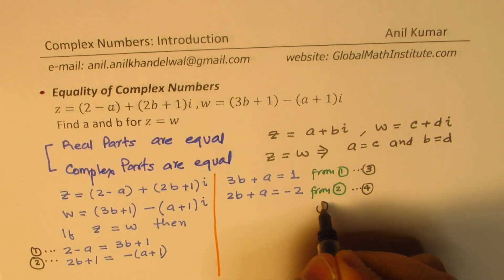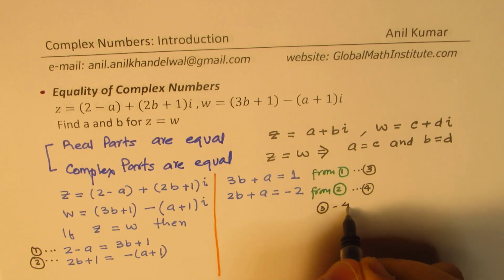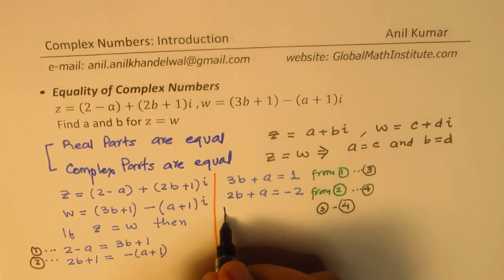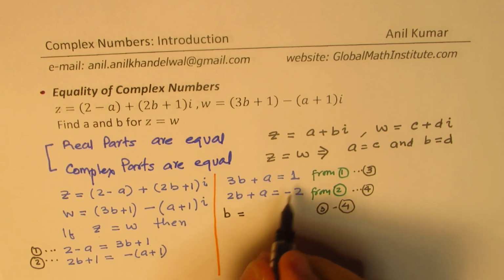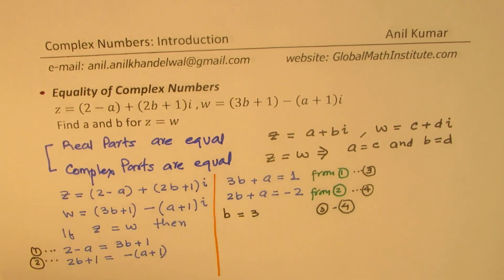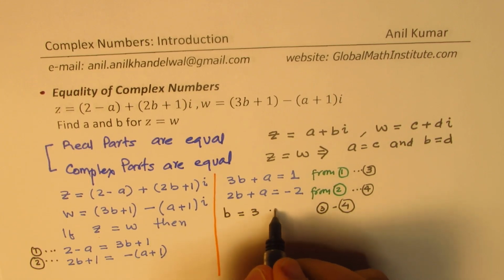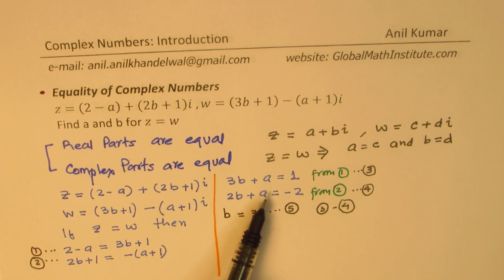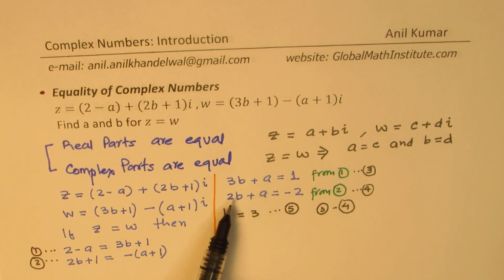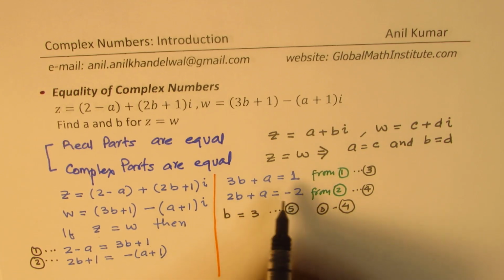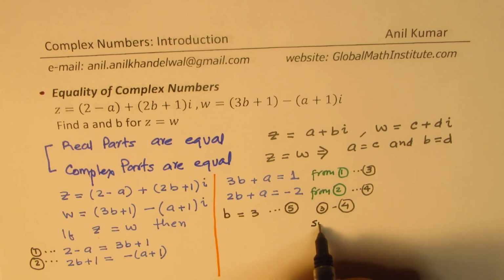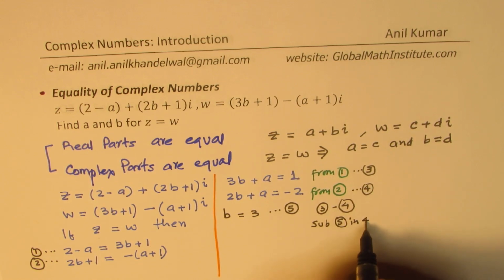So if I do equation 3 minus equation 4, what do I get? I get b, and a minus a is 0, right? We get 1 minus (minus 2) is 3. So we get b equals 3. Let's call this our equation number 5. And now we can substitute b and find the value of a, correct? So we'll substitute 5 in, let's say, 4.